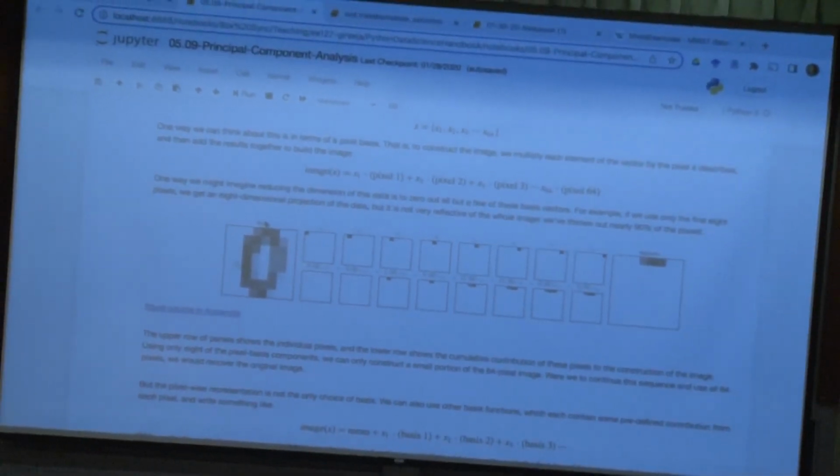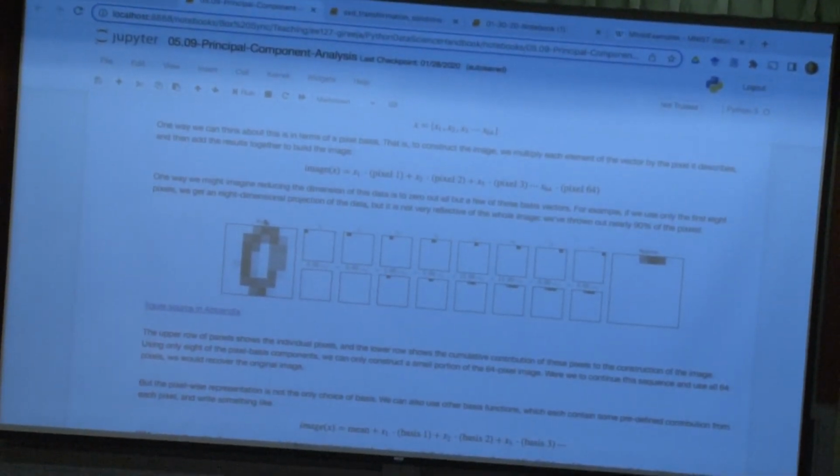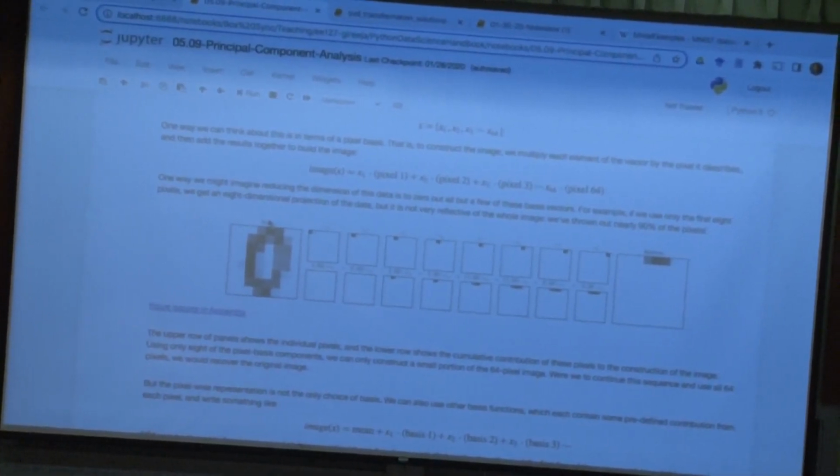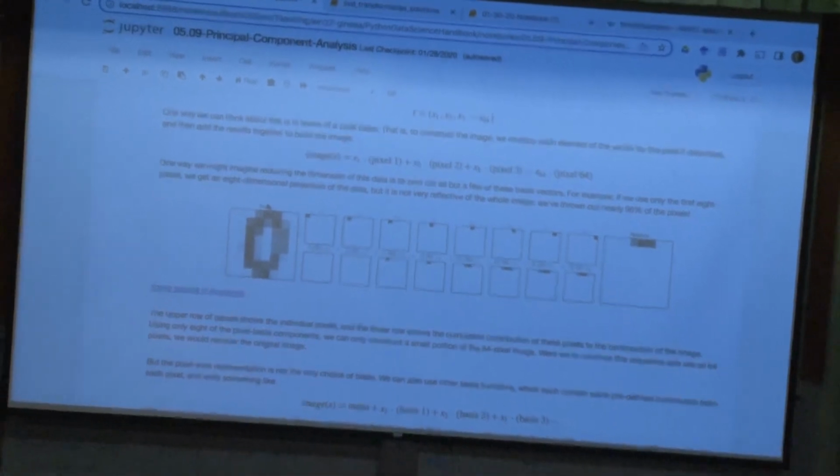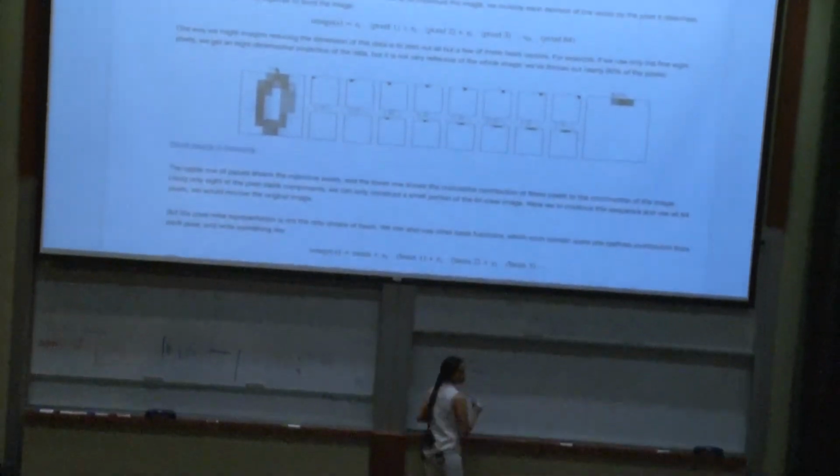If I think of my images, which are now 64 pixels, how do I represent 64 pixels as a vector? I have a length 64 vector, and each entry in this vector is the value of that particular pixel. So I can think of this image as basically this vector of length 64.